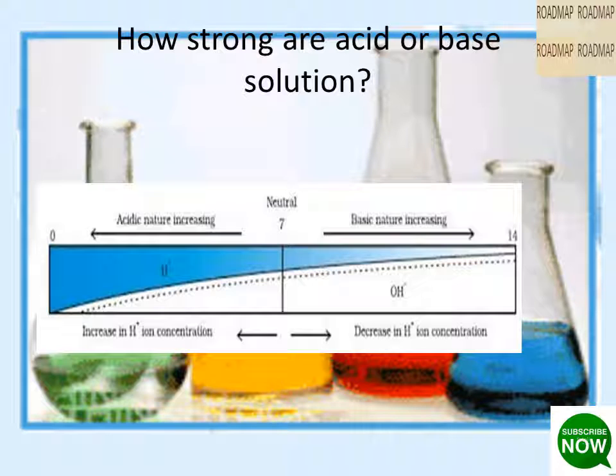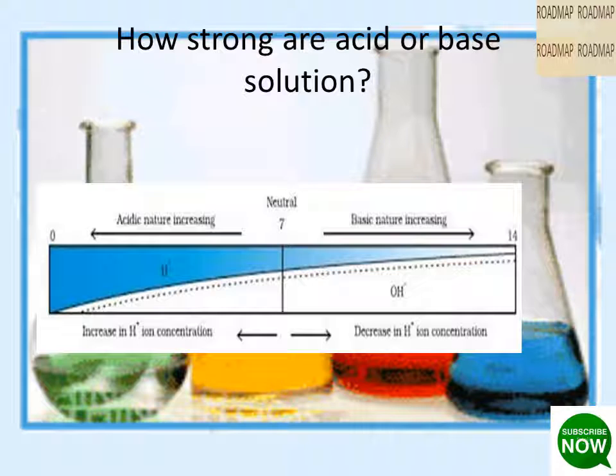Higher the H plus ion concentration, lower is the pH value. The pH of the neutral solution is 7. Values less than 7 on the pH scale represent an acidic solution, and as the pH value increases from 7 to 14, it represents an increase in OH minus ion concentration in the solution, that is, an increase in the strength of alkali.